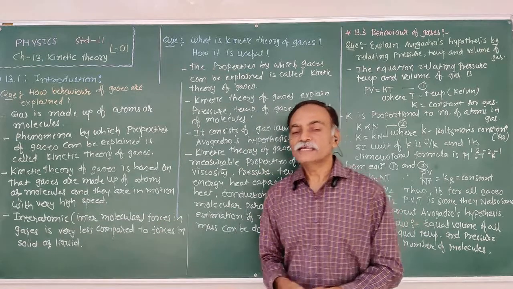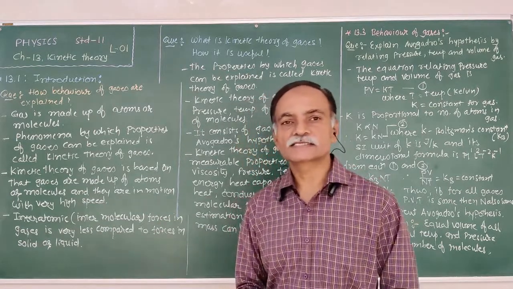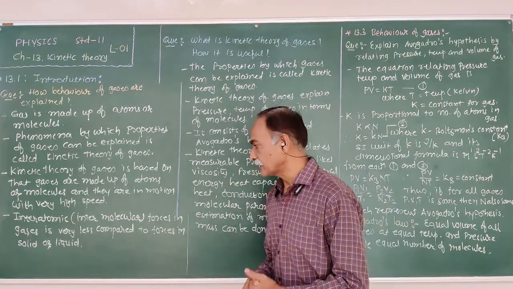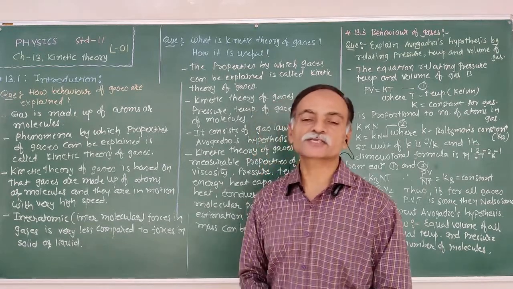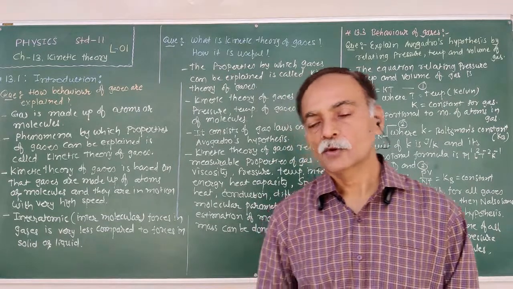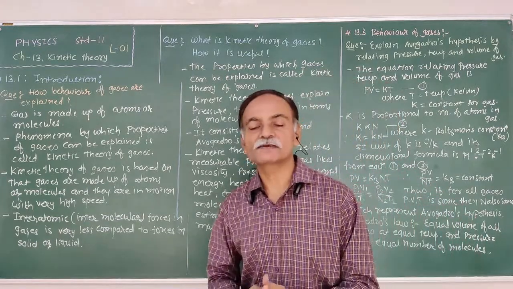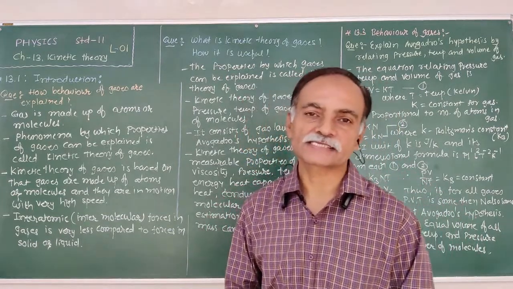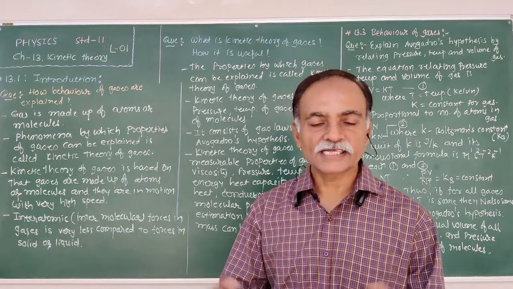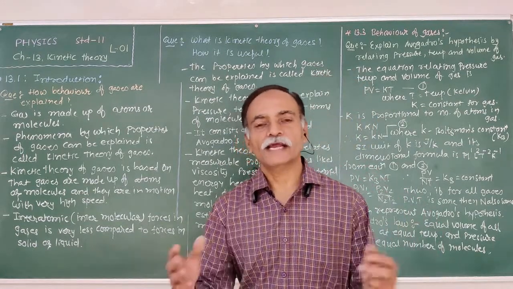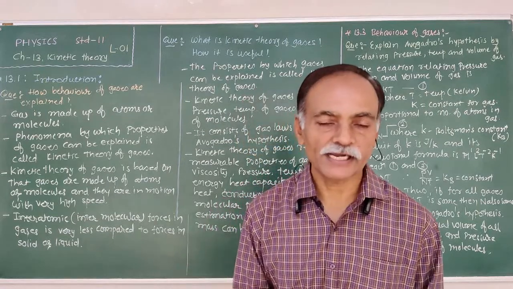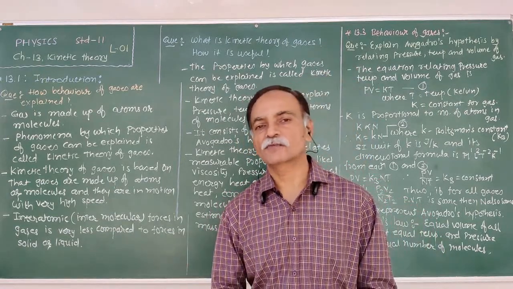Now, the intermolecular forces, also known as interatomic forces, in gases are very small compared to solids and liquids. Already we know the difference between solid, liquid, and gas. All these three states of matter are made up of atoms or molecules. Solid is made from atoms or molecules.